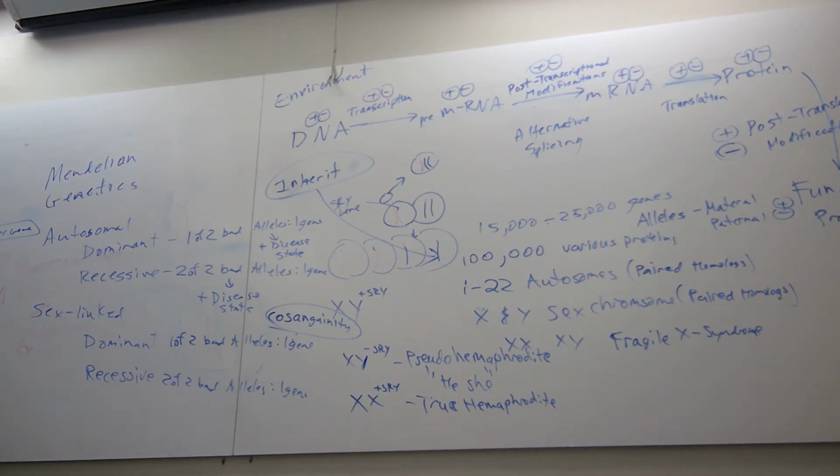Because when you take that mother that has the X and you cross it with a father who's normal, so there's a 50-50 chance.